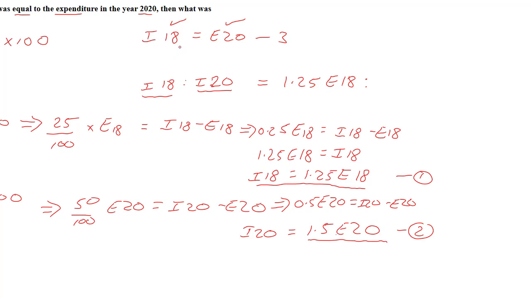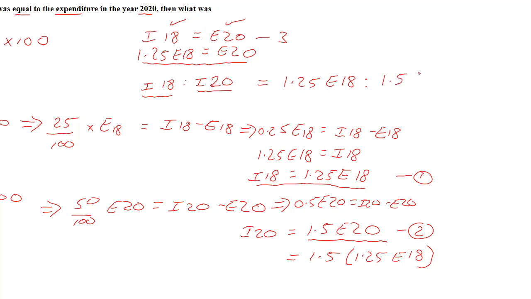Income in 18, which is 1.25 times expenditure in 18, is equal to expenditure in 20. So I can take this a step further and say 1.5 times 1.5 expenditure in 18. All that I've done is substitute the value of E20 that I have from here.